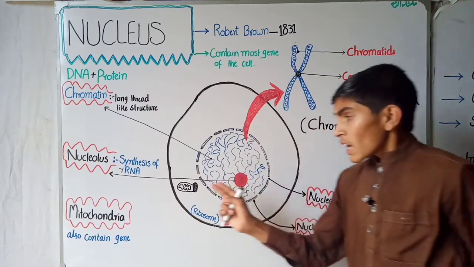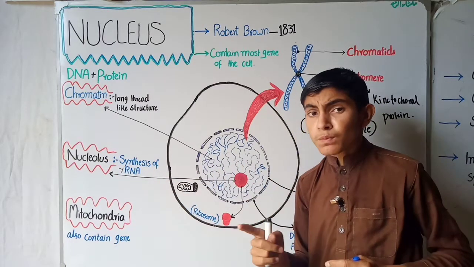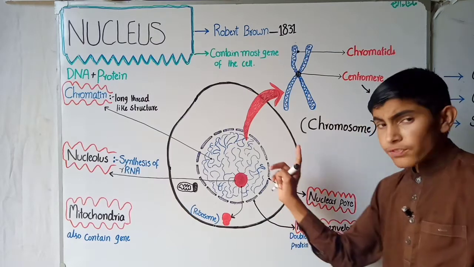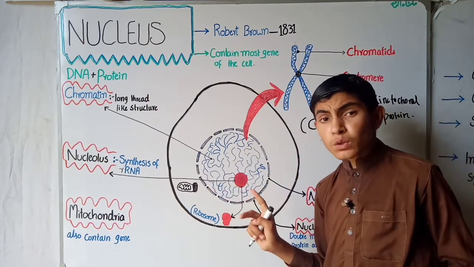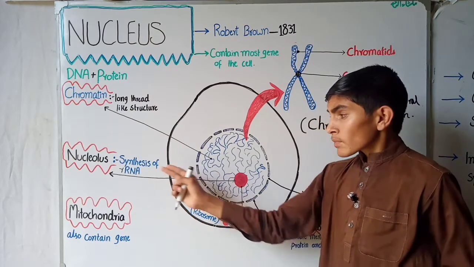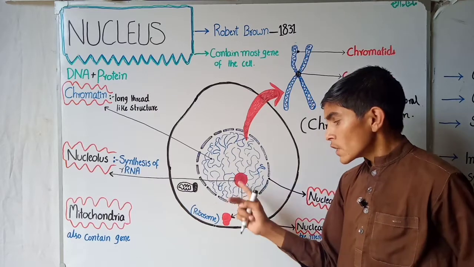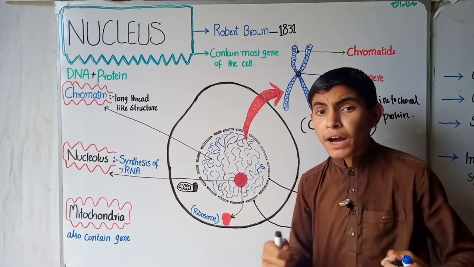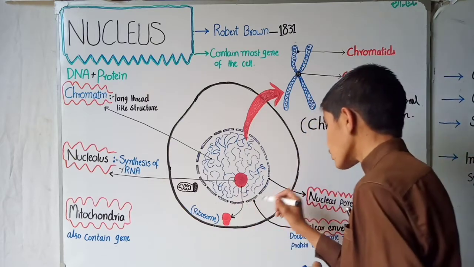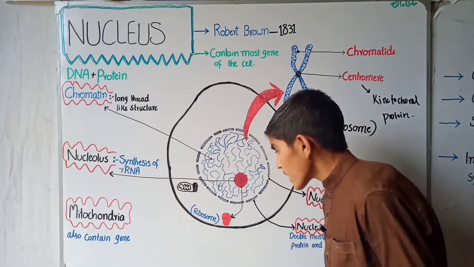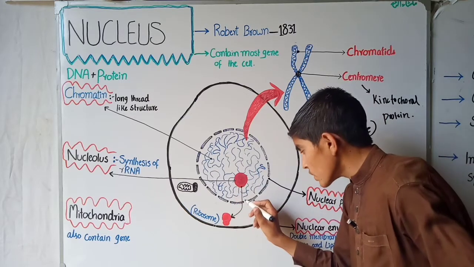So when the nucleus is going to synthesize a ribosome, at that time the protein from the cytoplasm will go inside the nucleus into the nucleolus, and the RNA is already present inside the nucleus. So RNA and protein will combine and give us the ribosome. This is the ribosome, and then the ribosome will come out of the nucleus through these pores.